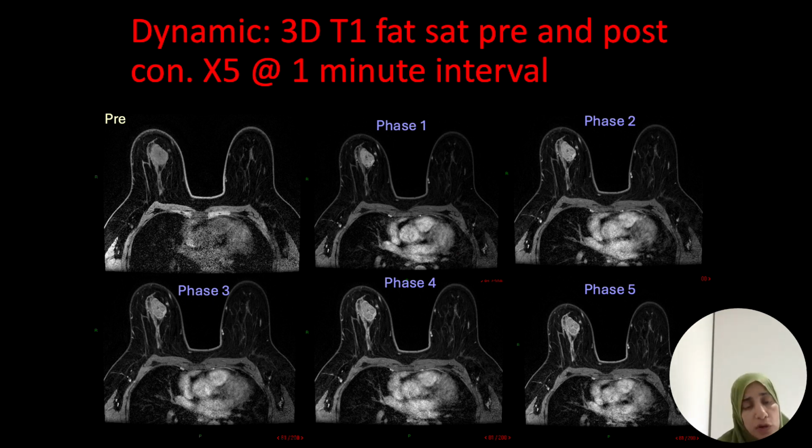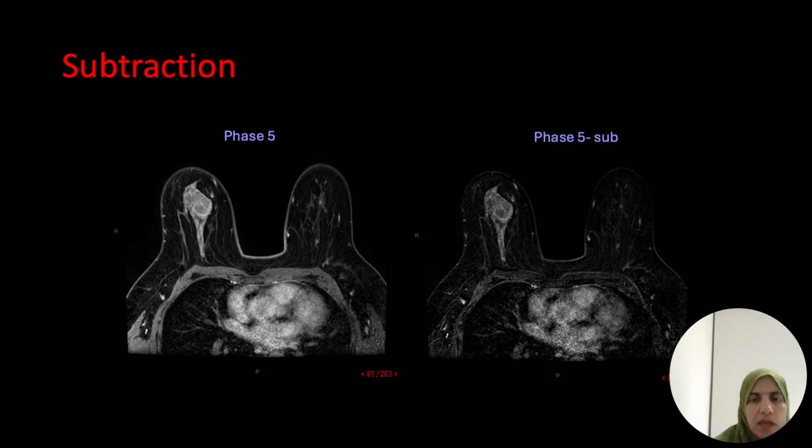So we start with a pre-contrast T1 fat sat, and then 30 seconds after injecting, we start scanning the patient. It differs from one protocol to another, but in most centers they do 5 phases within 10 minutes. So roughly every sequence takes approximately 2 minutes or less. And all these sequences have to have subtracted images to be able to appreciate the enhancement.